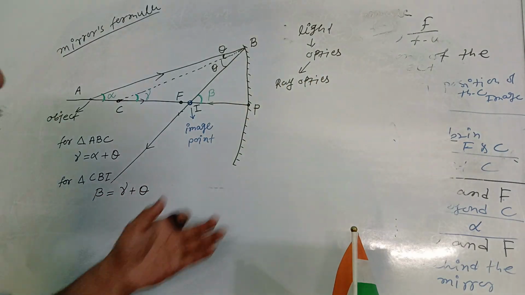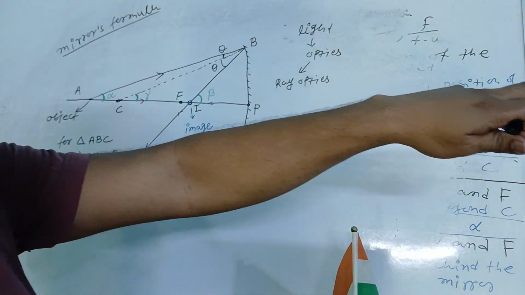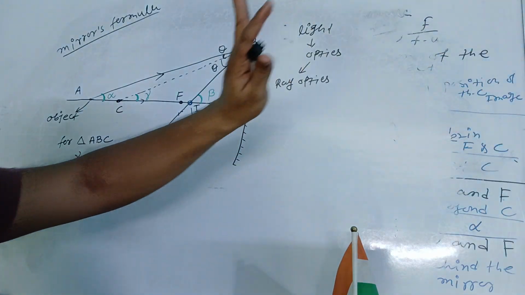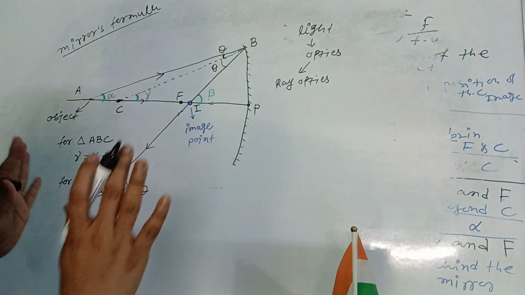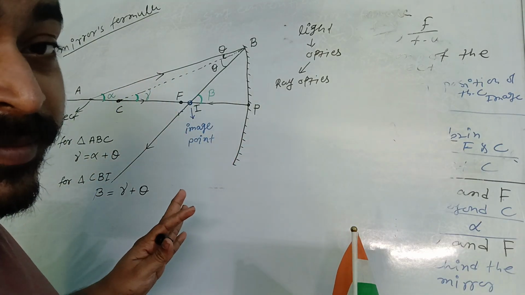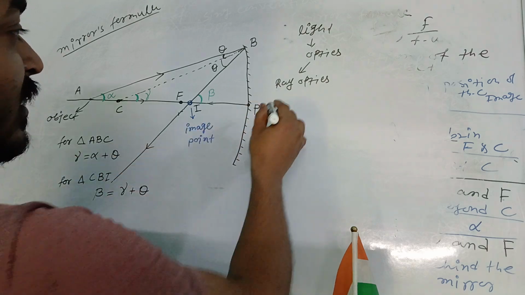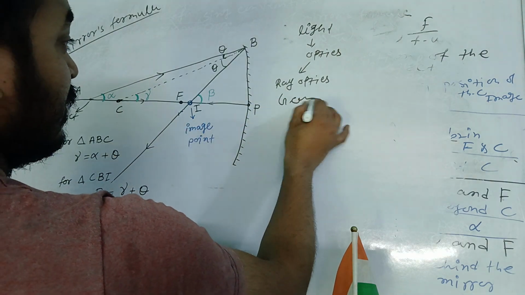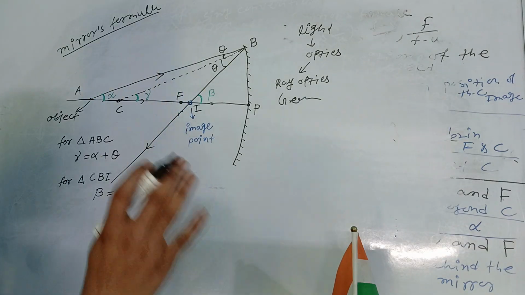Another name of ray optics is geometrical optics. Physical optics you can say is wave optics. Now ray optics is geometrical optics, so we have to use geometry to show this one.